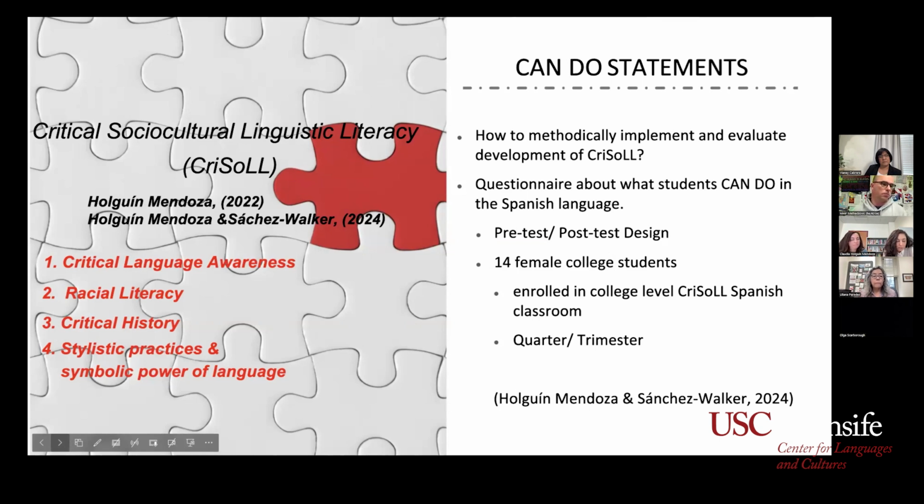So the can-do statements for CRISL are an essential part of this framework and focus on different kinds of literacy, as I mentioned. We cannot change an approach and call it anti-racist and then use the same traditional assessment tools. For example, assessing grammar in a traditional way.